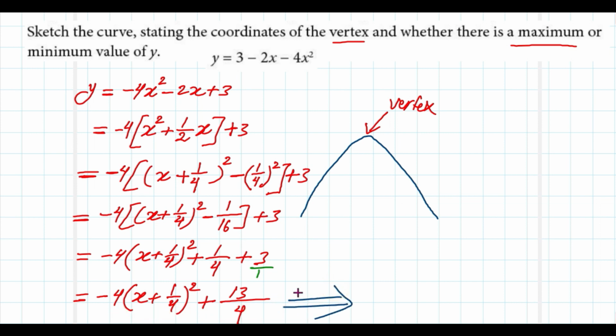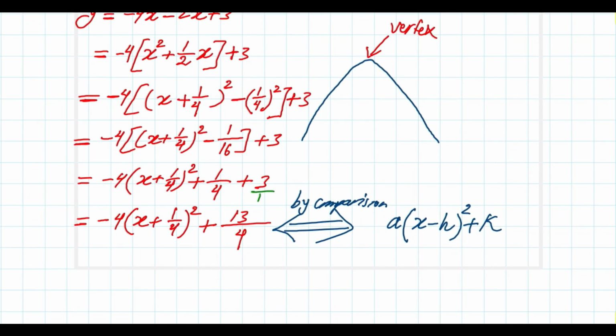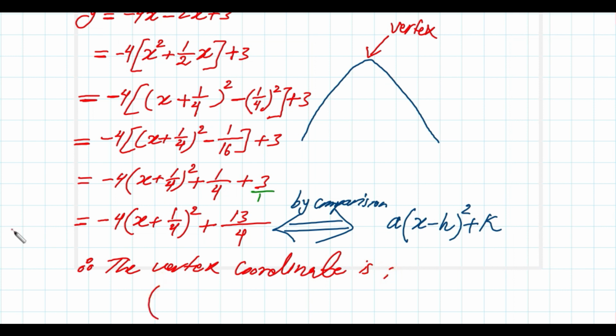So by comparison, it's the same as a times x minus h all squared plus k. The value of h represents the x-coordinate of the vertex, and k represents its y-coordinate. Therefore, when we want to state the coordinate of the vertex, its x-coordinate is the value of h.